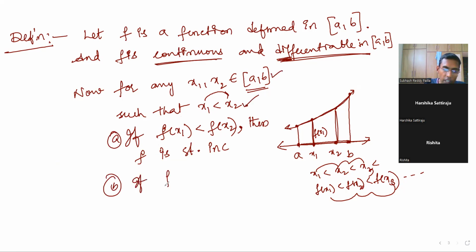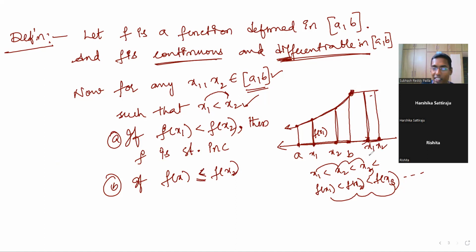If f of x1 is less than or equal to f of x2, sometimes less than, sometimes equal. You understand? From here, it is equal. If you take these two points, x1, x2, you are getting less than. But if you take these two, you are getting equal.